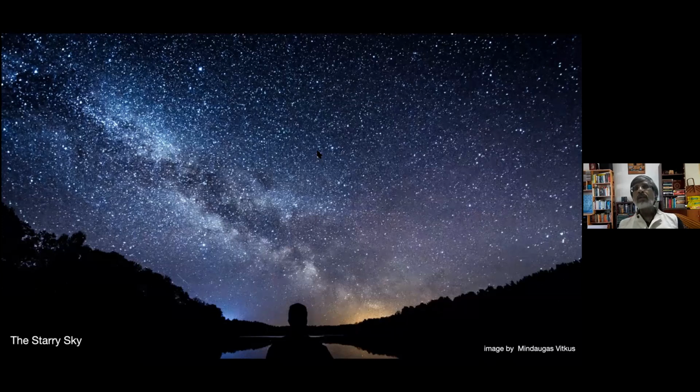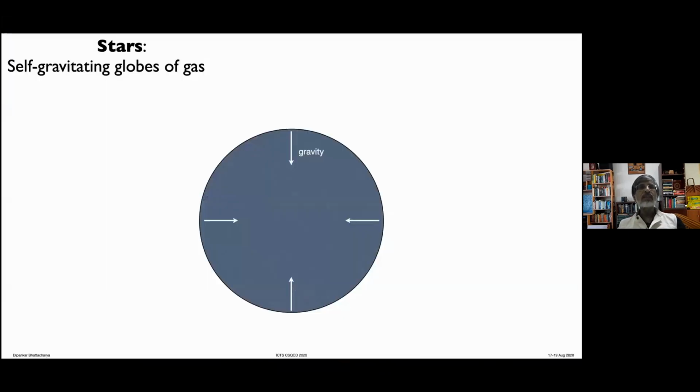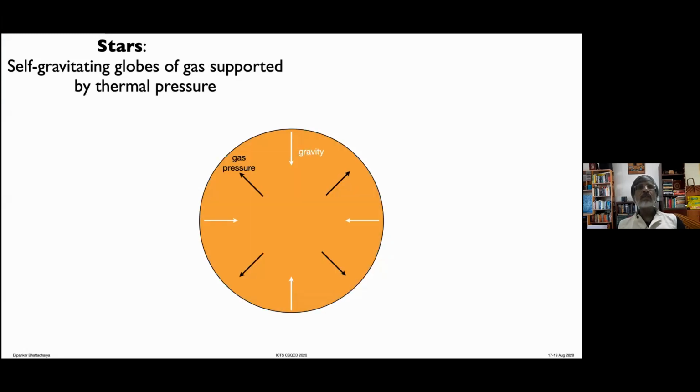What they are, basically, are self-gravitating globes of gas, which are supported by the thermal pressure of the gas inside it. If you leave it to gravity alone, then gravity will try to squeeze the gas globe and make it as small as possible. So you need an opposing force to keep the star at the shape and size it is.